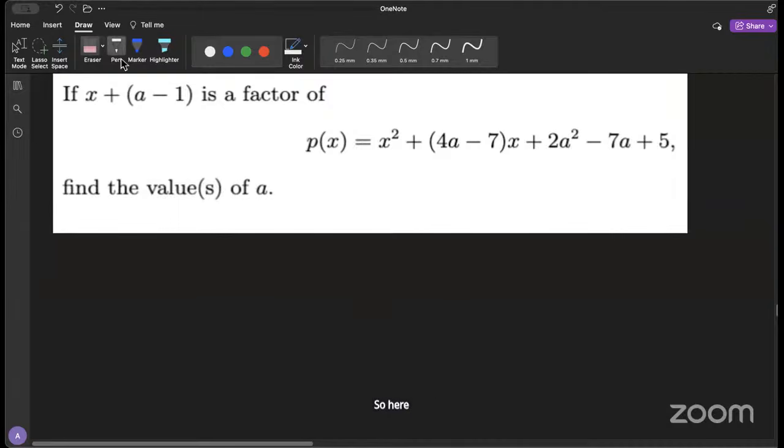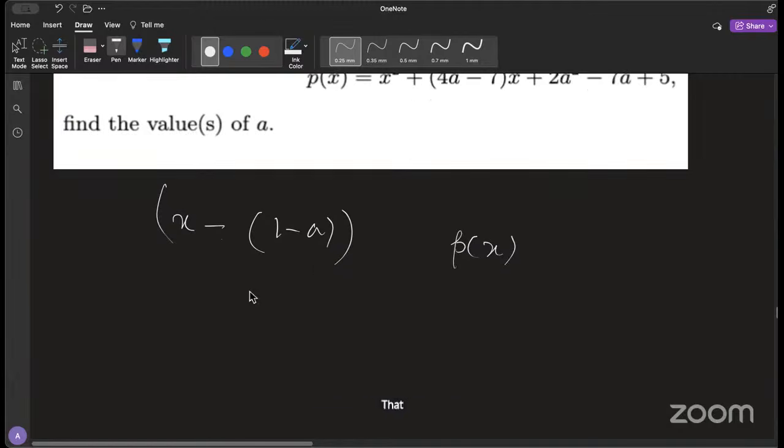So here you have x minus 1 minus a. This is a factor of px. That means if I take this 1 minus a, this should be 0, right?